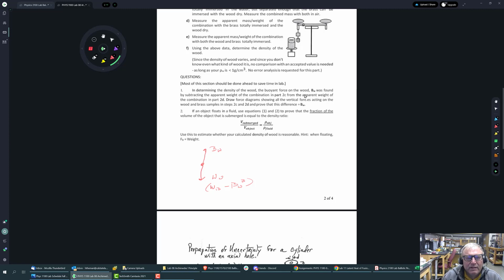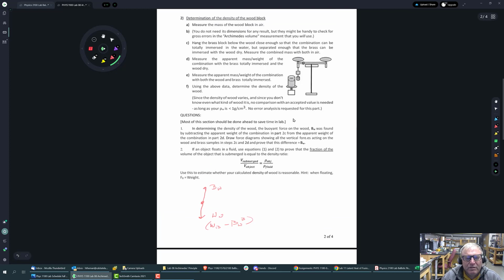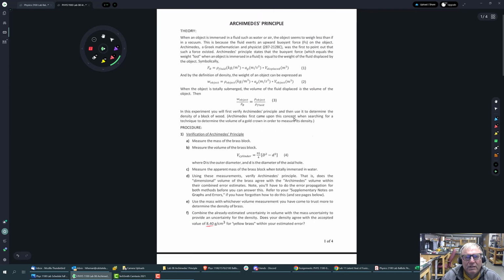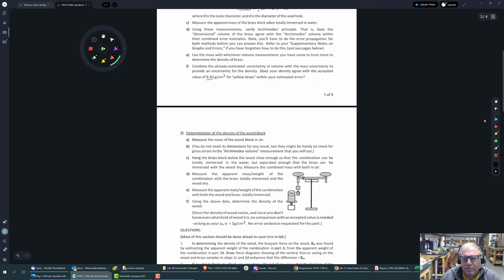And okay, so an object floats in a liquid. Use equations 1 and 2 to prove that the fraction is equal to the density ratio. Okay, 1 and 2. And let's pause this for a moment.